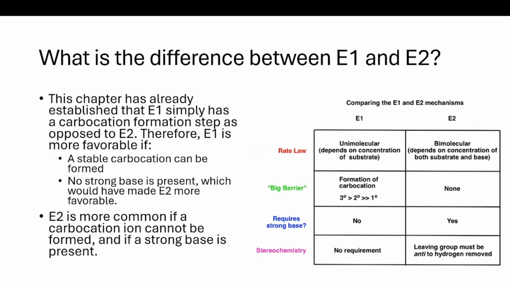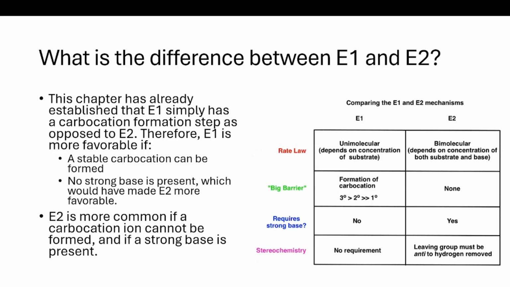Now, I also want to clarify the difference between E1 and E2. We already established that E1 simply needs a carbocation step as opposed to E2. Therefore, E1 is more favorable if we can actually form said carbocation and if no strong base is present. If there was a strong base, then E2 would be more favorable.